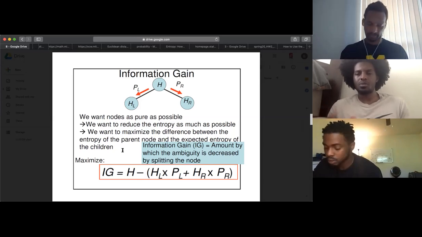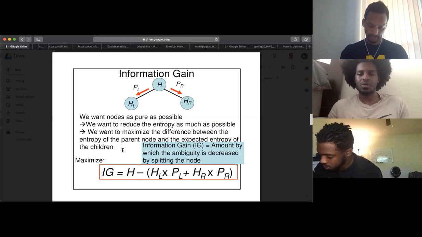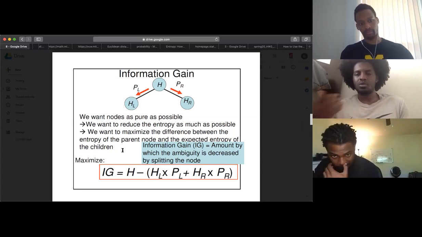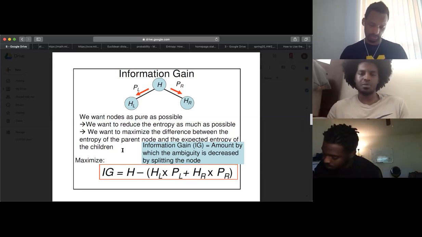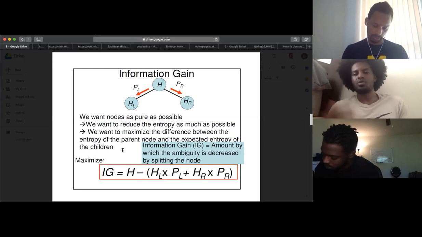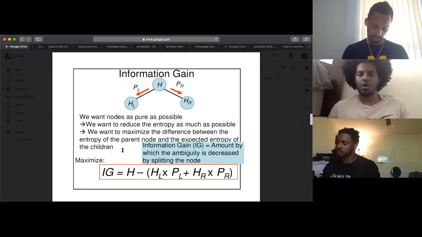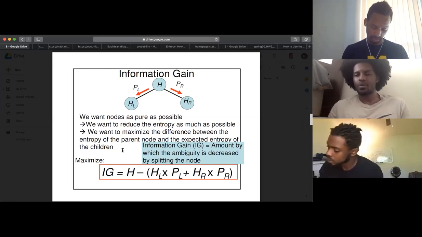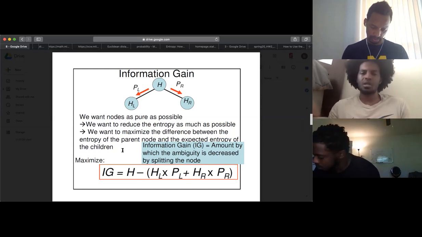Then you want to pick the feature to split on out of the 10 that will have the lowest entropy for its children nodes, or the highest information gain. And then you continually repeat that process until you've used every single feature, or you've gotten to the point where all of your classes are already sorted to be pure, which may happen earlier than you using all 10 of your features.